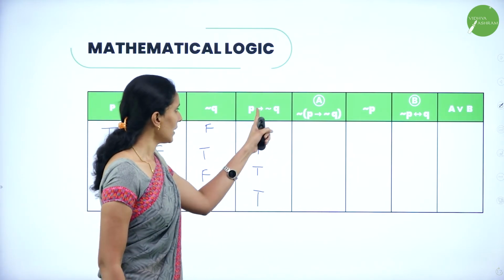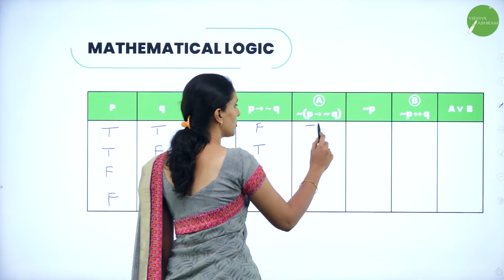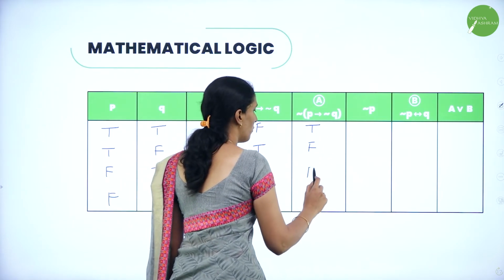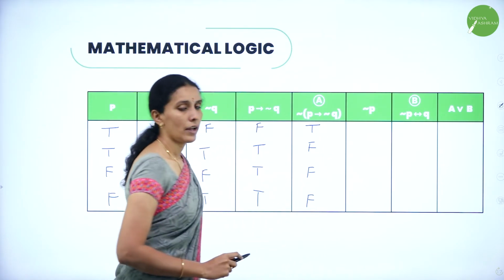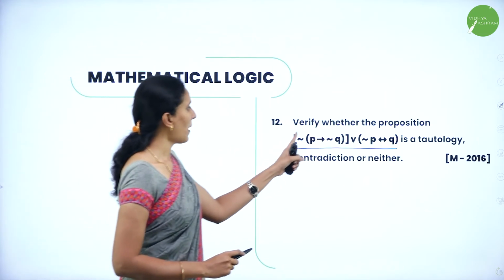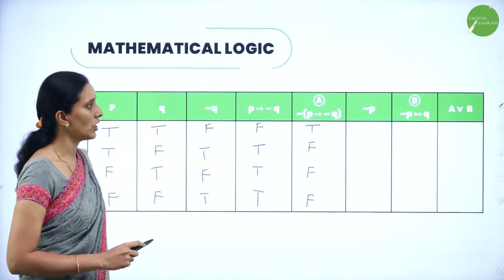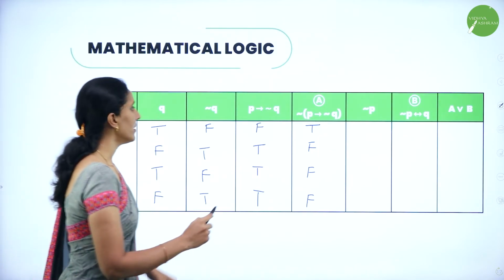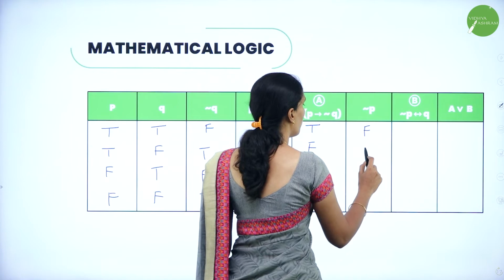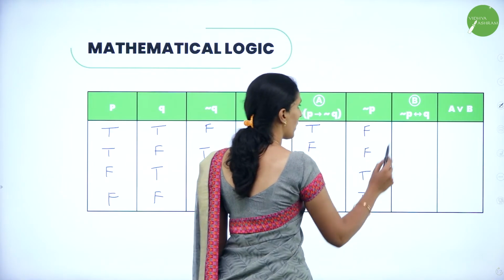Now, let's take the negation of this statement. It is true, false, false, false. So this part is completed. Let's take the next one, negation P biconditional Q. Negation P is false, false, true, true.